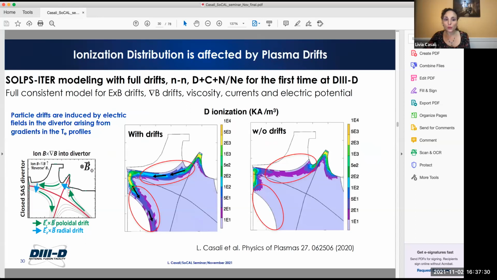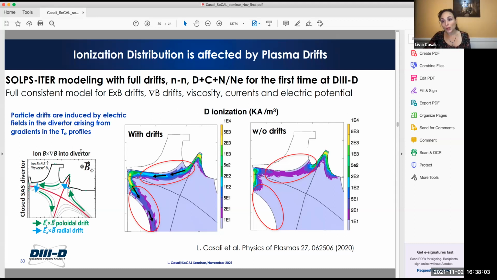In this case, I used SOLPS with full drifts, multi-impurity species, and neutral collisions. This work has been done for the first time at DIII-D with the inclusion of all these models: E cross B drift, gravity drift, viscosity, currents, and electropotential. And we were really able to pin down the importance, for instance, of drifts in a divertor which is closed like the SAS.